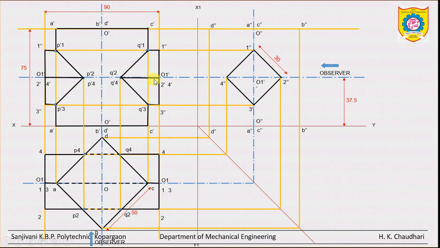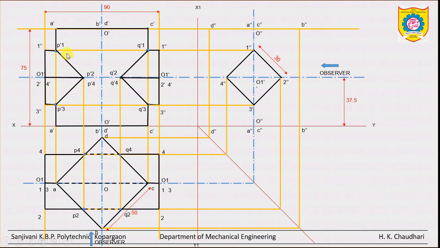So we have drawn it, and the middle portion, that means suppose P1 to Q1, we can't observe from the front side. Similarly P2 to Q2, it is inside this vertical prism. Okay, similarly P4 to Q4, these are the hidden edges.